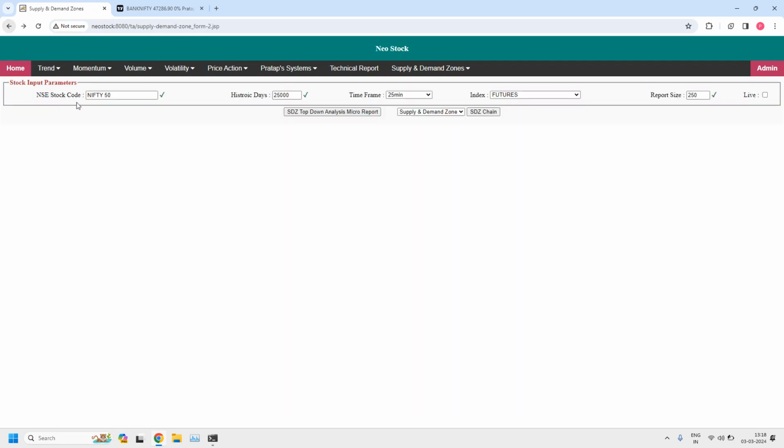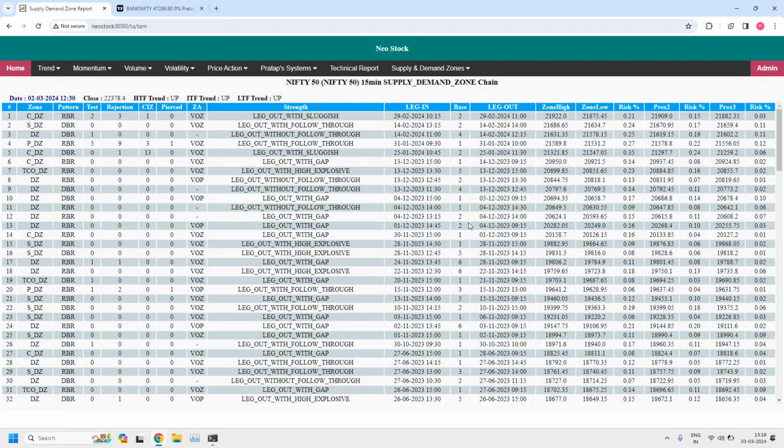So let me go back. Now I am changing 25 minutes to 15 minutes and generating the chain. These are the 15 minute zones. In 15 minutes also there is no supply zone.